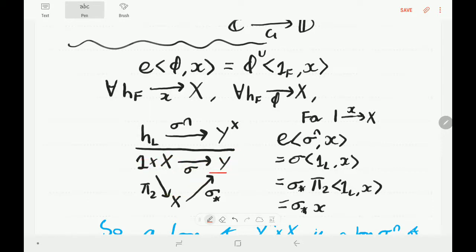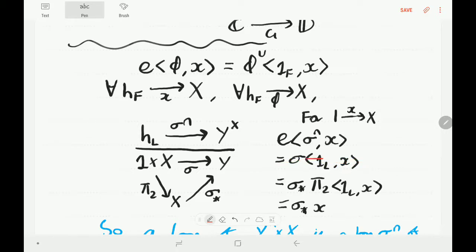But really, we just think of it as a function from x to y. When we do the evaluation function on this pair, that just corresponds to taking the anti-adjoint of this sigma here, from this point of the exponential object, and doing this function on it.